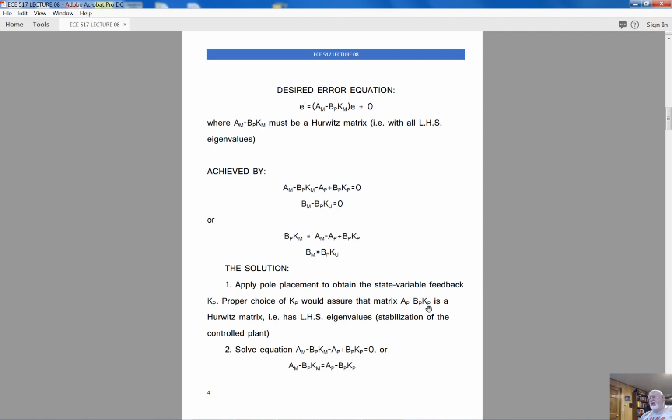When matrix Kp is defined, and solution for matrix Kp is not different from solution for control system design in state variable control. When Kp is defined, we have to solve this equation. And we will solve it for matrix Km.